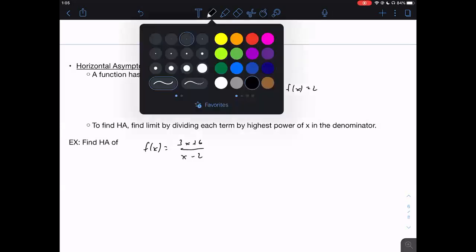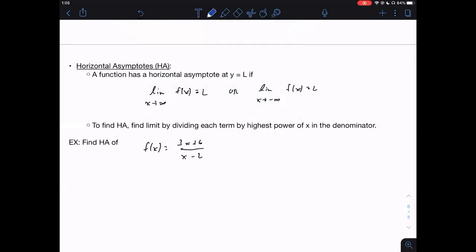Again, to find the horizontal asymptote, it will be equivalent to taking the limit as x goes to infinity of this function, (3x plus 6) over (x minus 2).